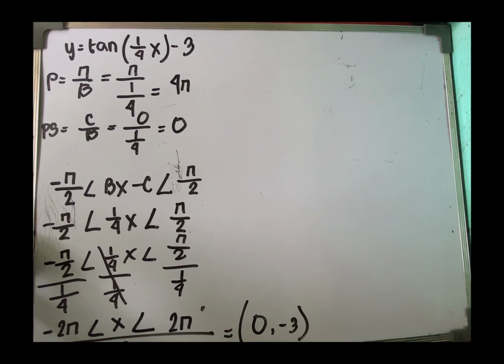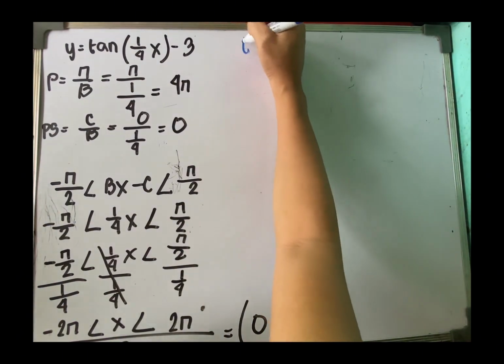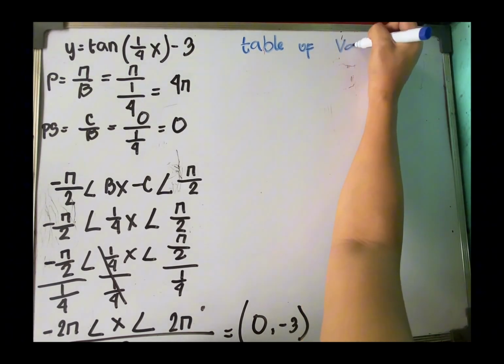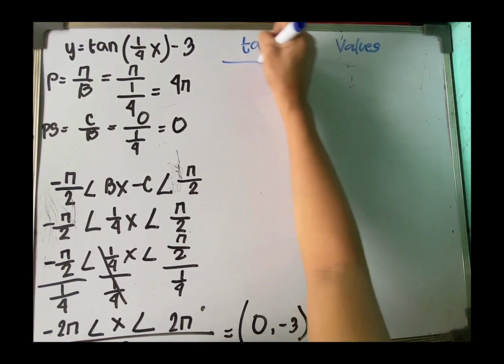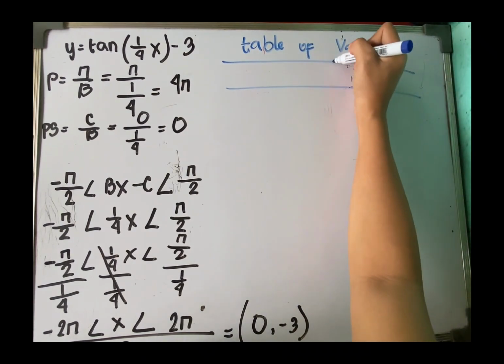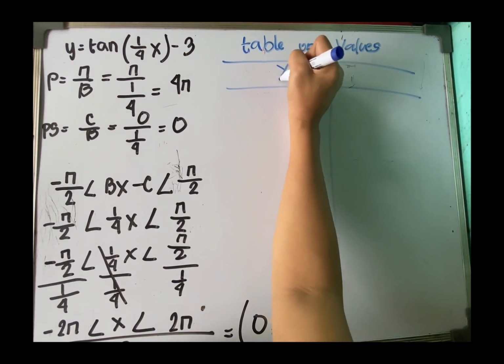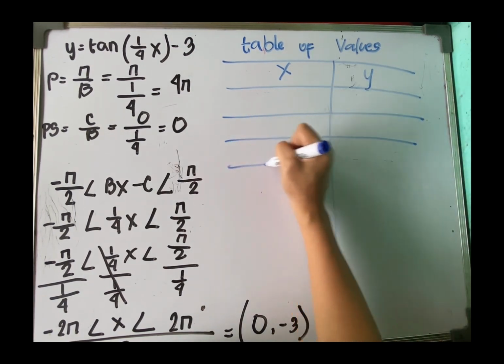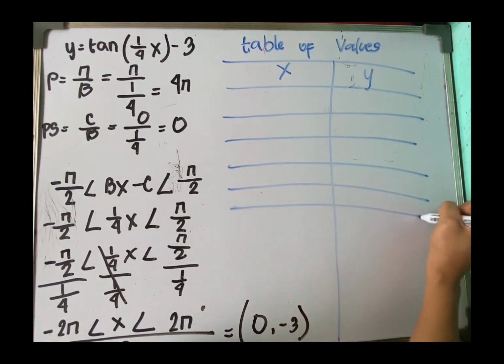And now let's do the table of values. By doing this, it helps us later when we do the graphing, in order for us not to get lost. We have here our x and y, and since it is 2 periods, we have at least 10.